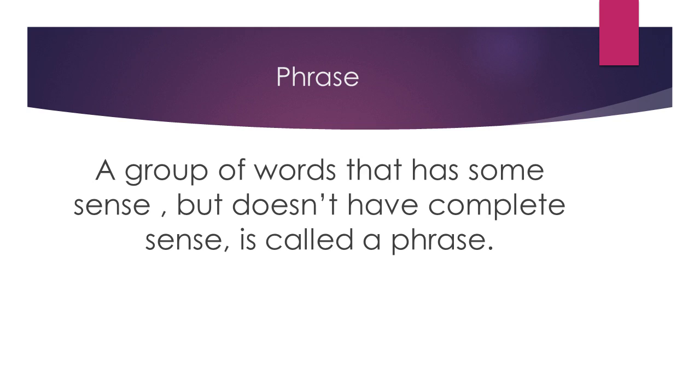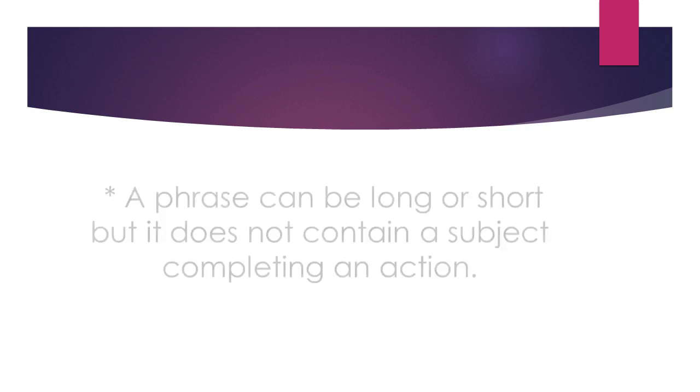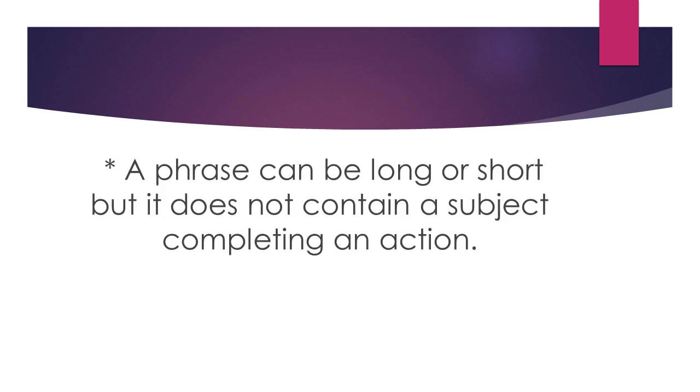Please note one point about phrases: a phrase can be long or short, but it does not contain a subject completing an action. So, if we add subject plus verb in a phrase, then that particular combination will become a sentence.